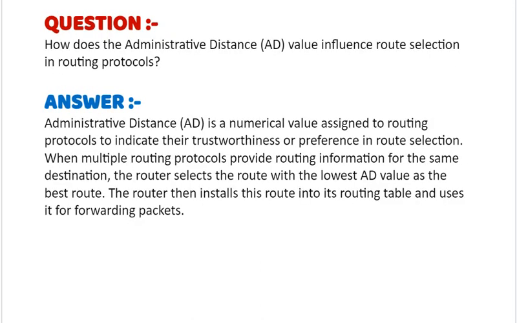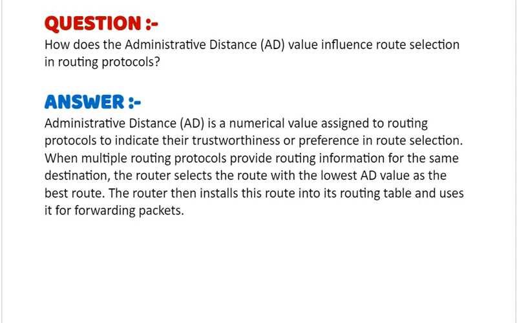Our next interview question is: how does the administrative distance, AD, value influence route selection in routing protocols? Your answer should be: administrative distance, AD, is a numerical value assigned to routing protocols to indicate their trustworthiness or preference in route selection.